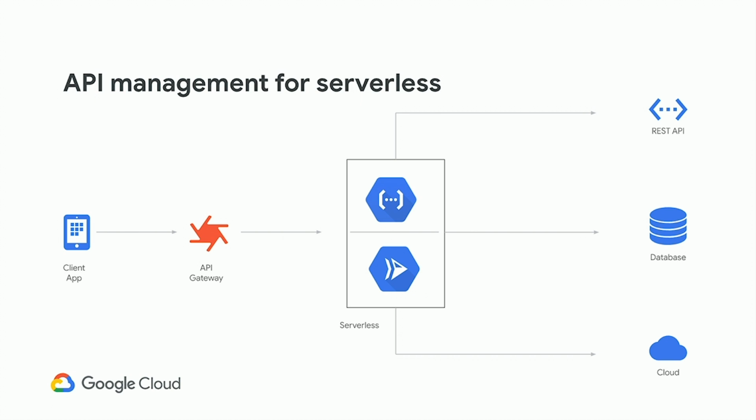Now let's take a slightly deeper dive into what API management for serverless actually means. Today, in this session, we're going to very quickly demonstrate some real-world capabilities using Google Cloud technologies, including Apigee Edge. But let's spend a couple of minutes on this slide.